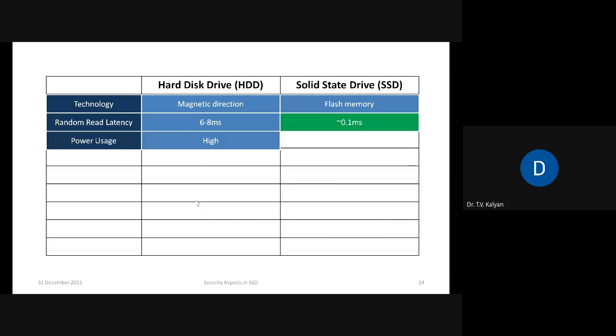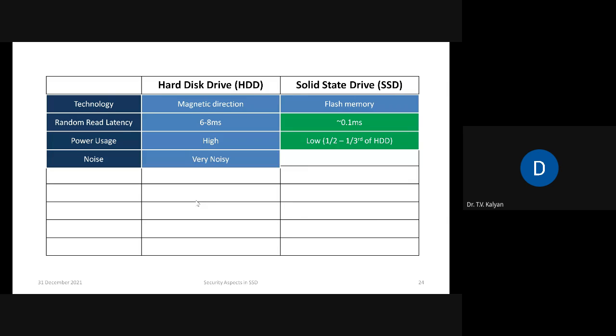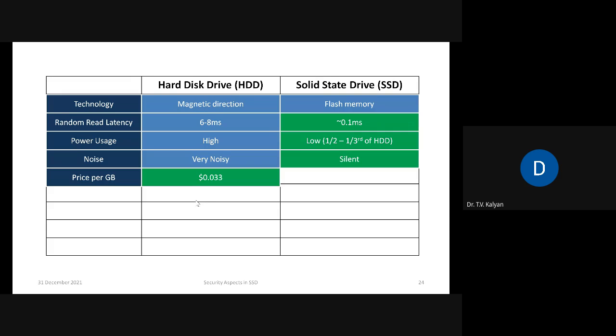The power consumed by the SSD is 1/3 of the power consumed by the HDD, right? The noise, there is no noise with the SSDs, but still the HDDs are cheaper, but the cost of SSDs is coming down thanks to technology scaling.